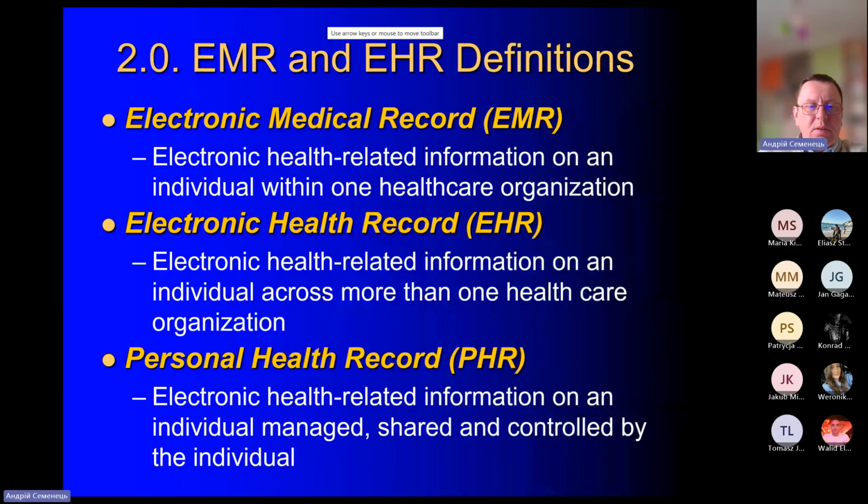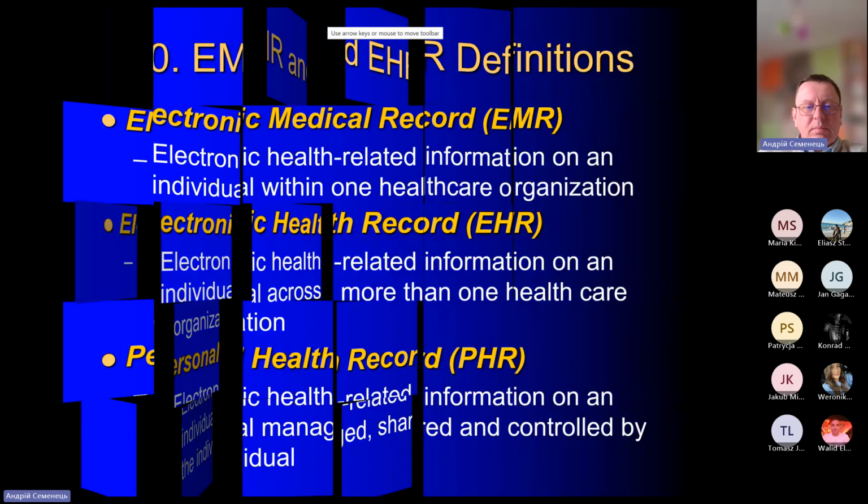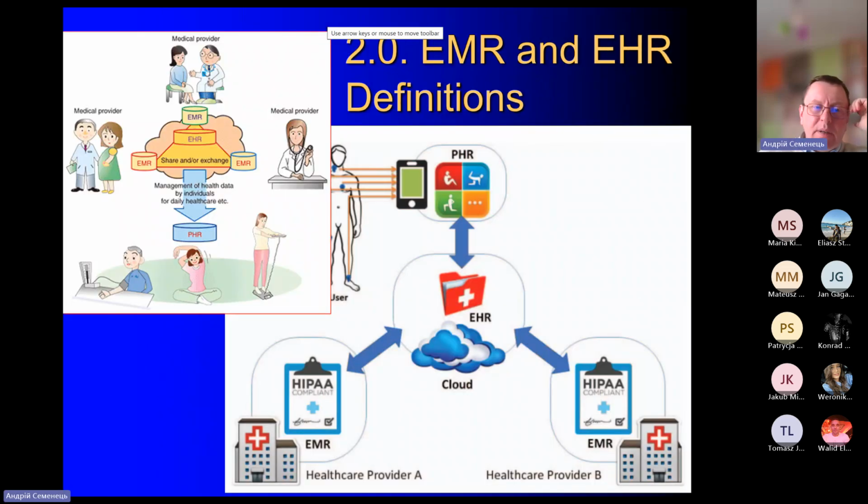So here, maybe it's better on this picture. When we talk about EMR, we have to keep in mind the electronic version of patient medical records, which is operated by specific providers. So if you attend your family physician, he creates for you one sort of EMR.